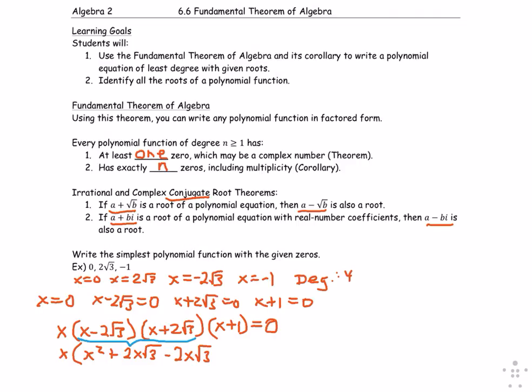So negative 2 times positive 2 is negative 4, and then square root of 3 times square root of 3 is just 3. And now these will subtract out to 0, and so I'm left with the following. And I have negative 4 times 3 for negative 12.